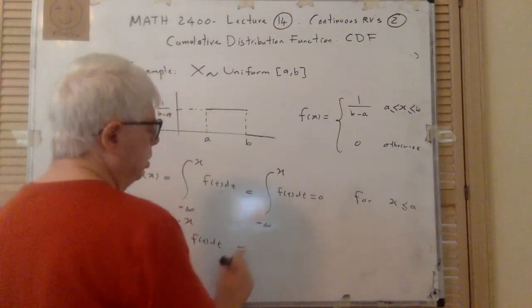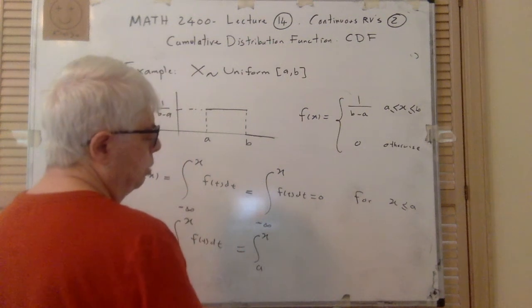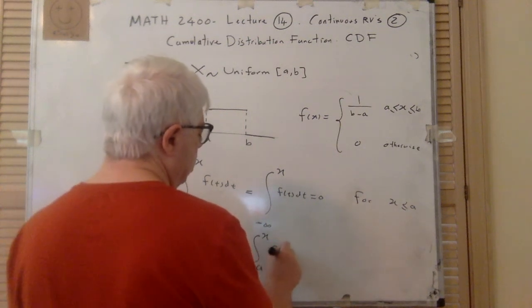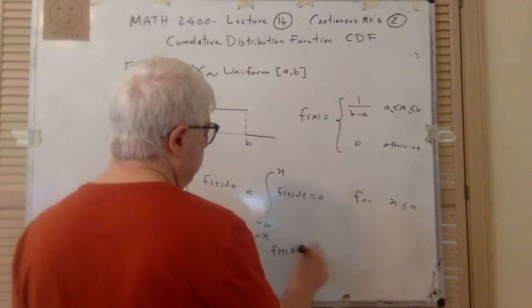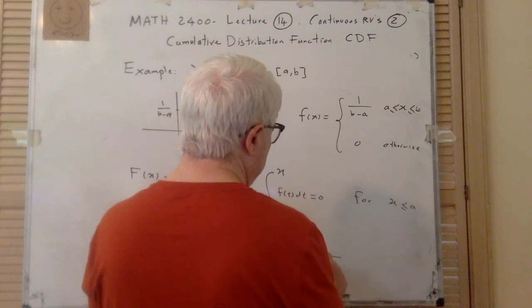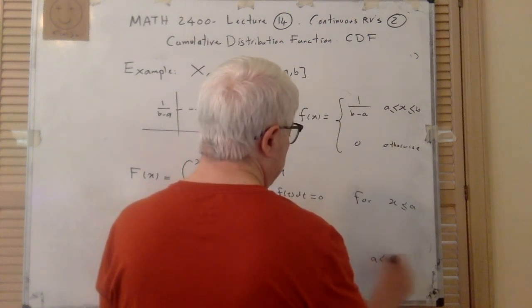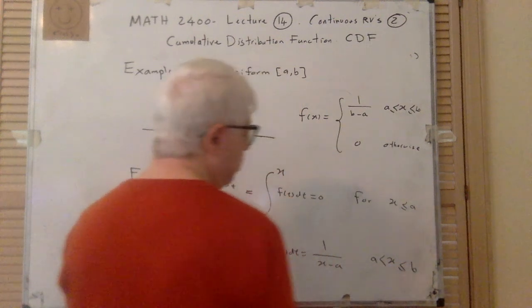If x is between a and b, then it is the integral from a to x of f(t) dt, and you can find this. This will be x minus a over b minus a, if x is bigger than a and less than or equal to b.